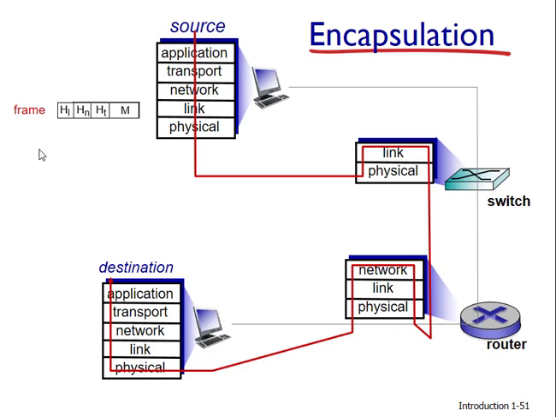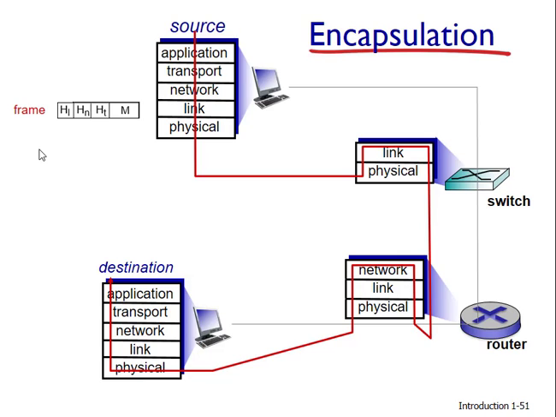You'll notice that at each layer the payload takes a different name: message, segment, datagram, and frame. The general term for all of these packages is Protocol Data Unit, or PDU. For example, the PDU of the link layer protocol is the frame. The PDU of the network layer protocol is the datagram, and so on.